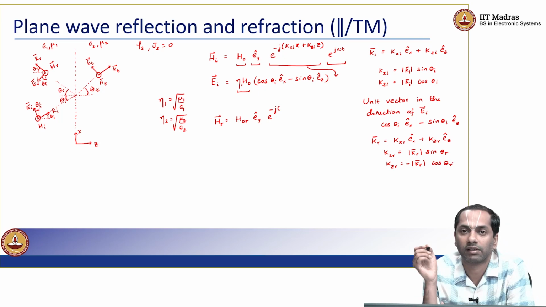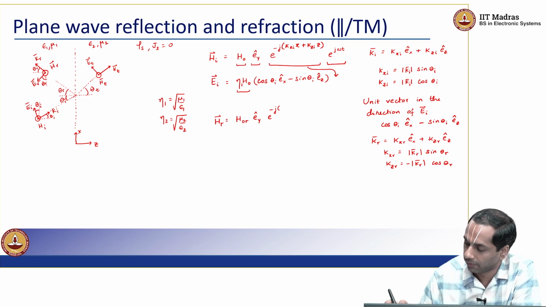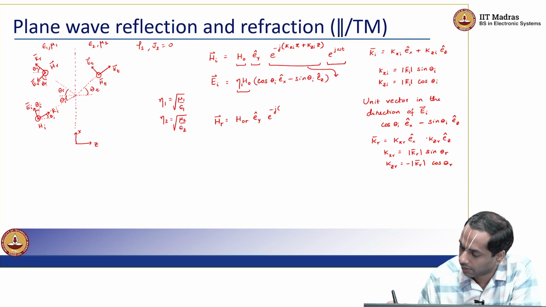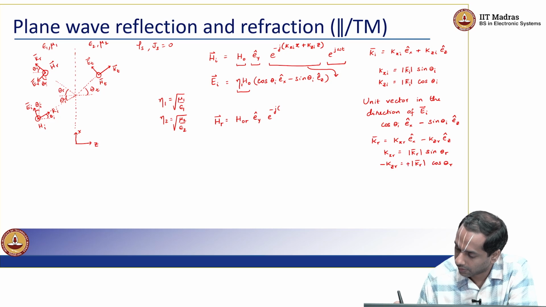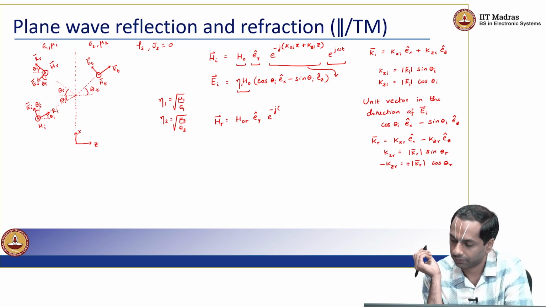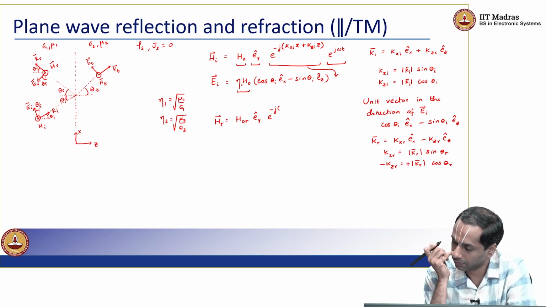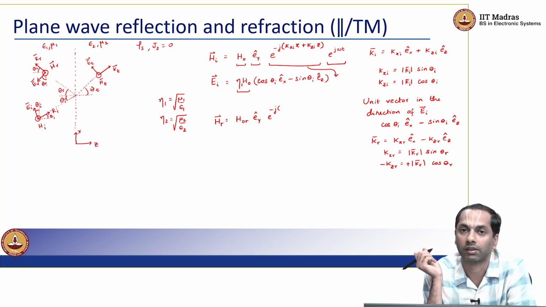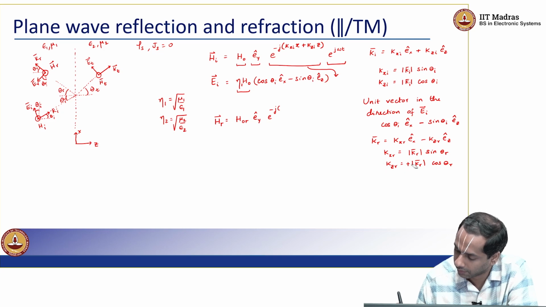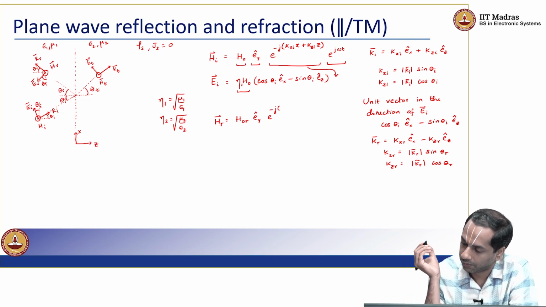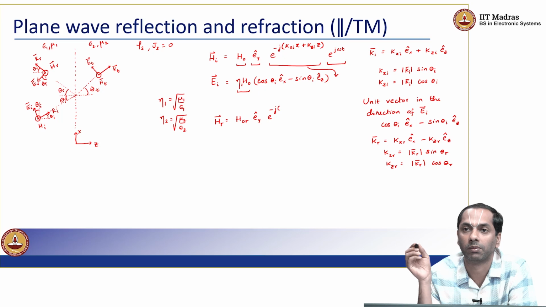Since k_zR is negative, we will put a minus sign here, so that k_zR is positive. I have absorbed that minus sign in writing the k_R vector itself.